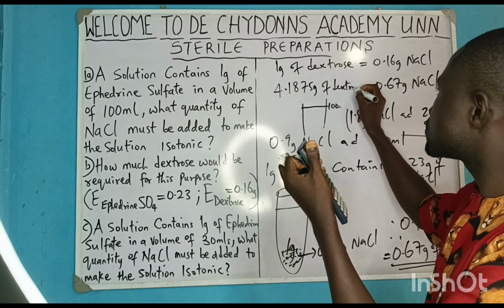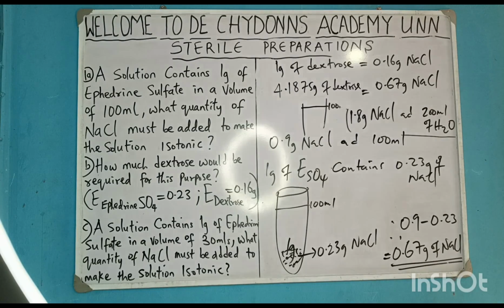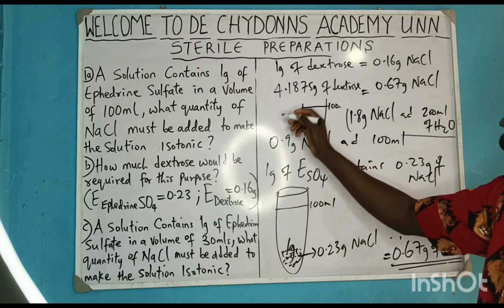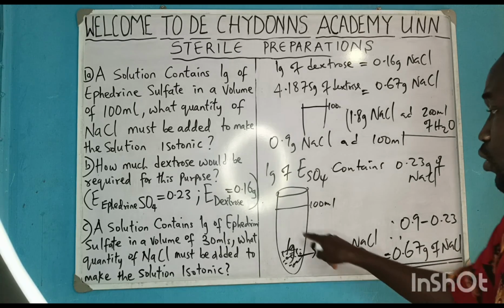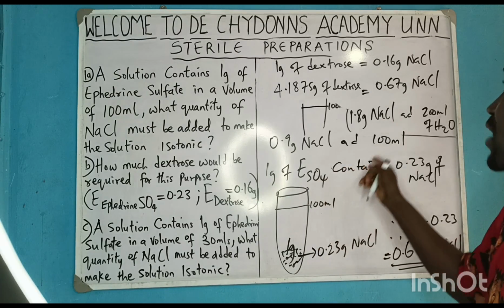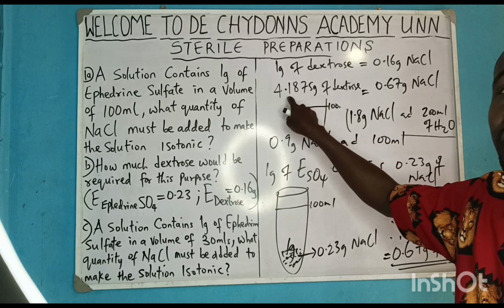Dextrose. That means I will approximate it to 4.2 gram of dextrose. That means if I do not have sodium chloride to weigh out 0.67 gram of it to put here to make it isotonic, I should go and weigh 4.2 gram of dextrose.